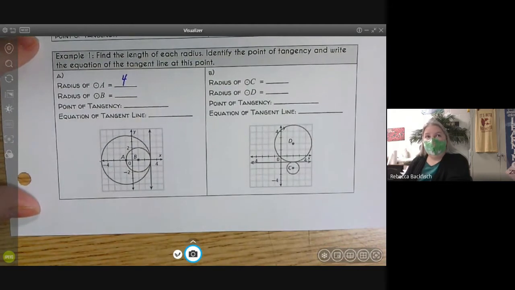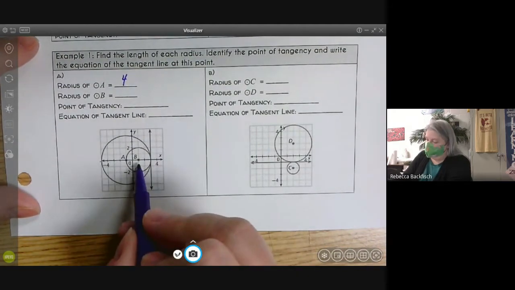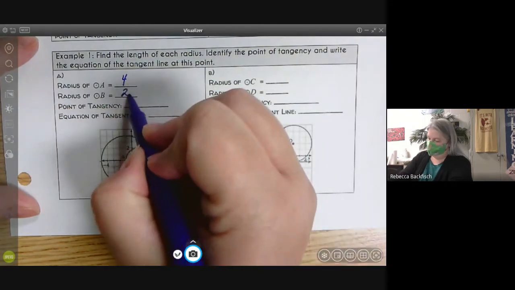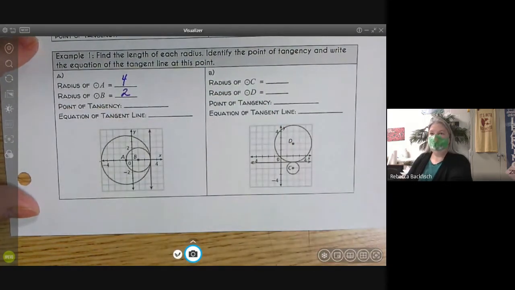The radius of circle B is what? 2. Good. What is the point of tangency here?